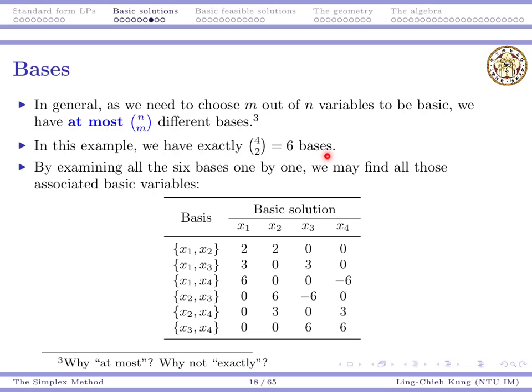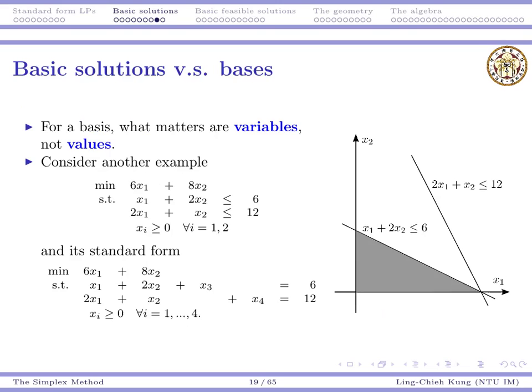It's not always exactly. Think about that. So, by examining all the 6 bases one by one, we may find all the associated basic variables. Okay? If I choose x1, x2 to be the basis, then they may have some values. x1, x3, then I solve another linear system. For those variables chosen to be non-basic, they must be 0. Okay? So this is a complete list of my basic solutions.